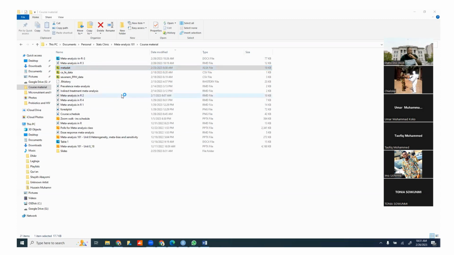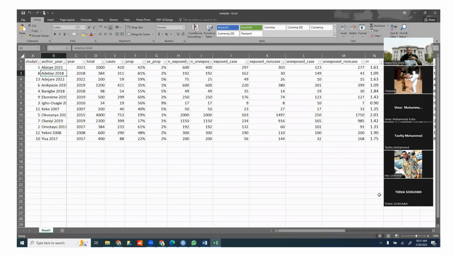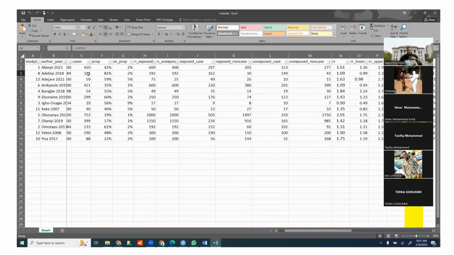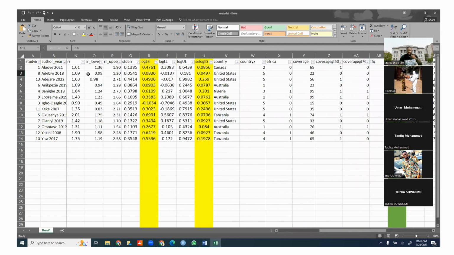The study in question is Abioye 2018. You would look at the study characteristics. It was in 2018, which is in the same ballpark as most of the studies. What else? It was a US study.